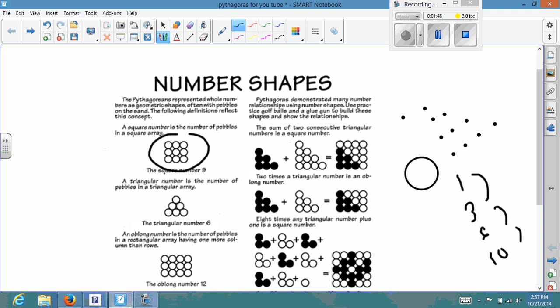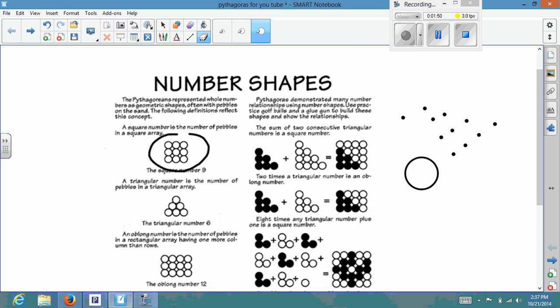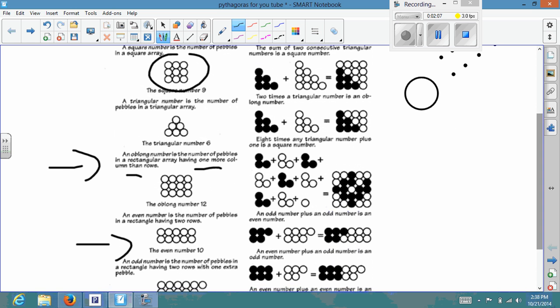The next kind of number that he and his group talked about were these oblong numbers. And so what oblong numbers are, are numbers that can be made in a rectangular array where there is one more column than row.